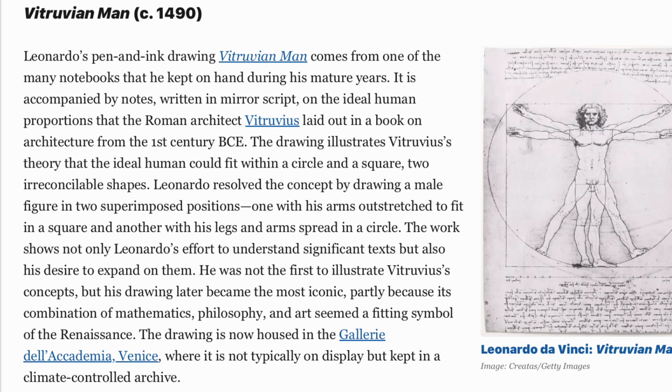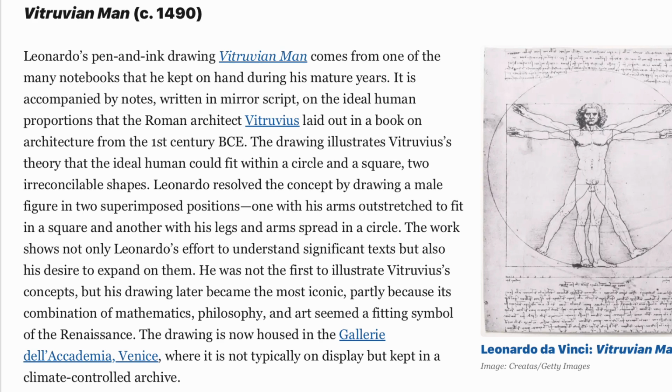Leonardo resolved the concept by drawing a male figure in two superimposed positions, one with his arms outstretched to fit in a square, and another with his legs and arms spread in a circle. The work shows not only Leonardo's effort to understand significant texts, but also his desire to expand on them.